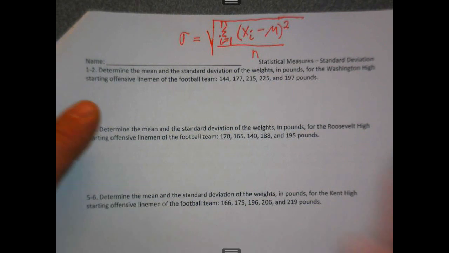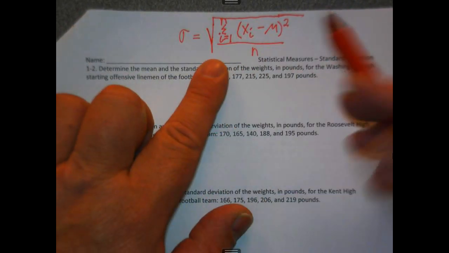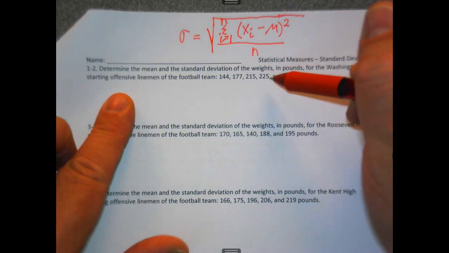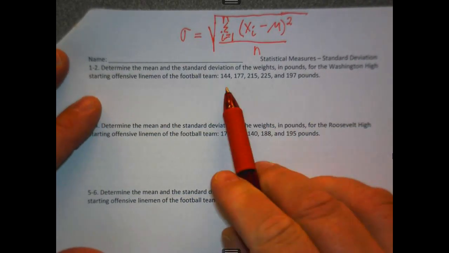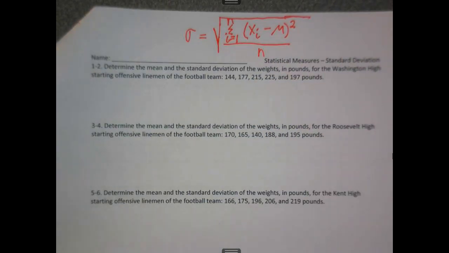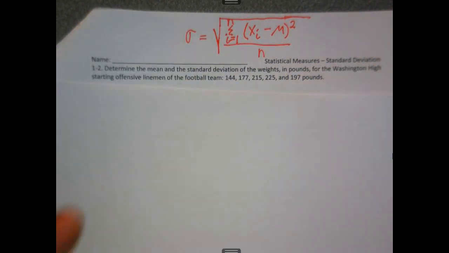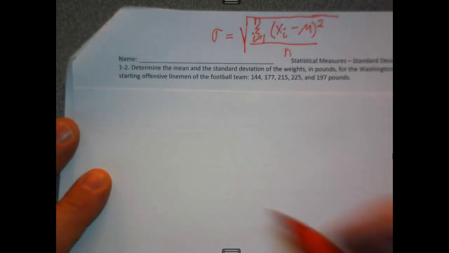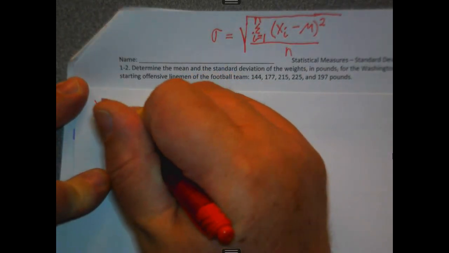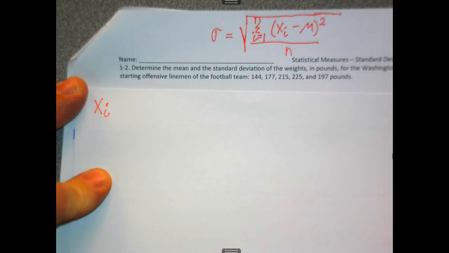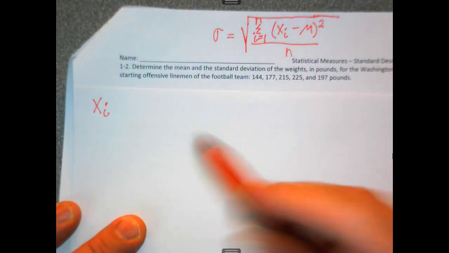All right, so let's start with collecting our data points. I like to put them in order. You don't have to when you're just figuring out the standard deviation and the mean. So a table. Okay. The first thing we need to know is which data point it is, right? Our x of i.